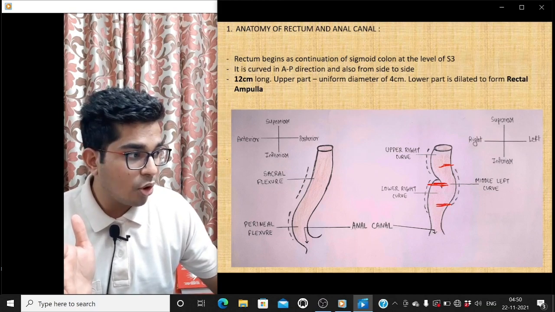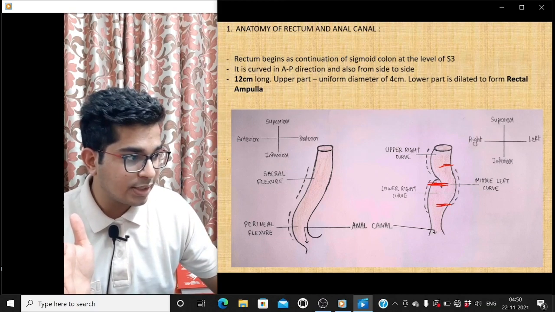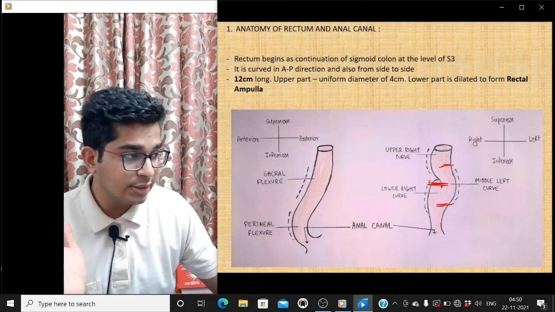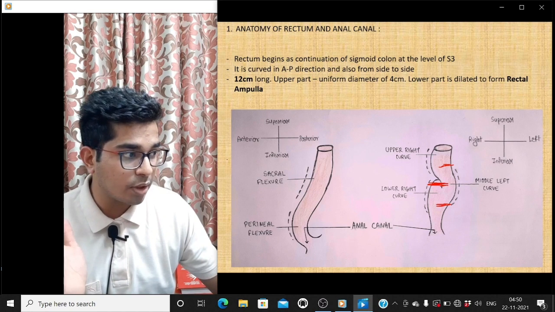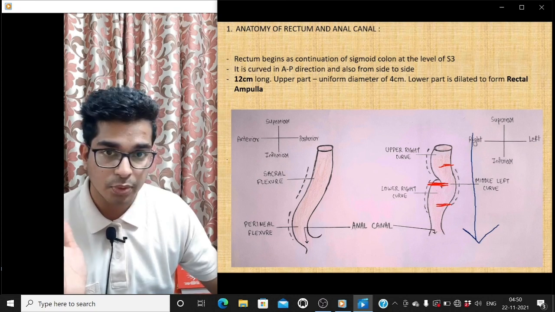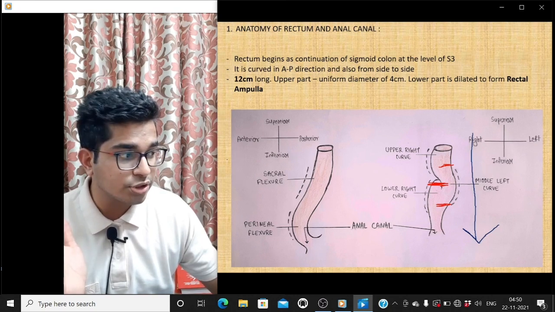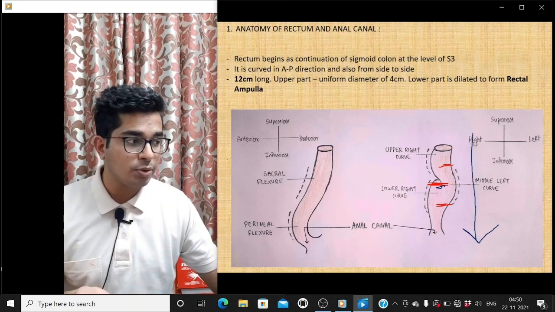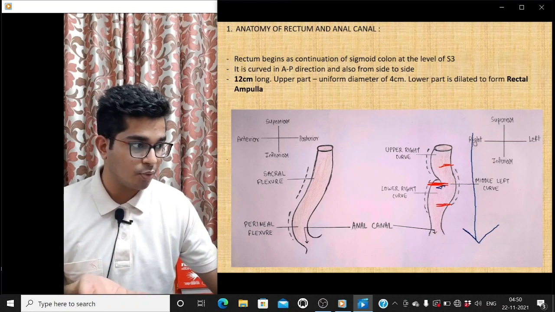So these haustrations are present, and look at this. Suppose there were no haustrations, then your fecal matter would have gone down without any support. These haustrations are responsible to hold your fecal matter before the actual process of defecation happens.